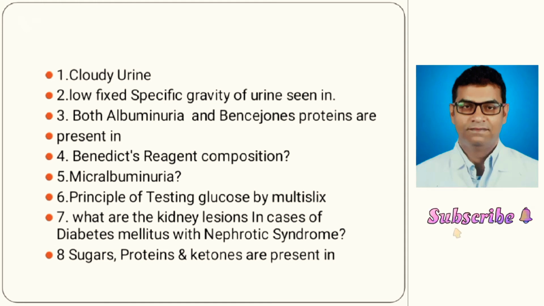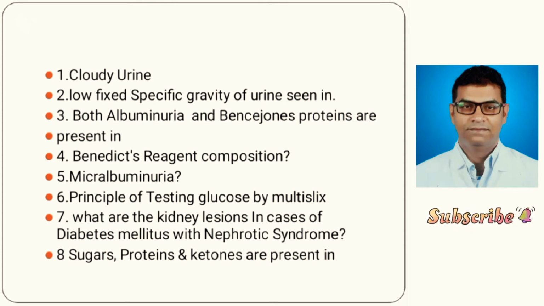Bence Jones proteins are precipitated and filtered out. The remaining filtrate urine is tested for protein by heat and acetic acid test or sulfosalicylic acid method. Positivity indicates both are present. So both albuminuria and Bence Jones proteins are present in myeloma kidney.